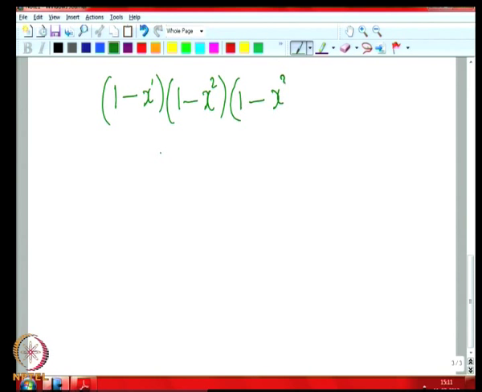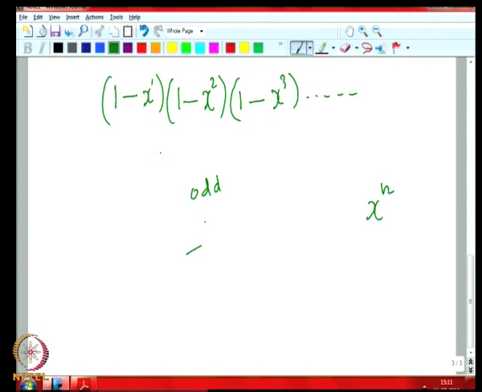So, when I consider the coefficient of x raised to n, its contributions are coming from each partition of n where the parts are all unequal. But then there is a sign along with each of them. What is the sign? If the number of summands is odd, then we will get a negative sign.